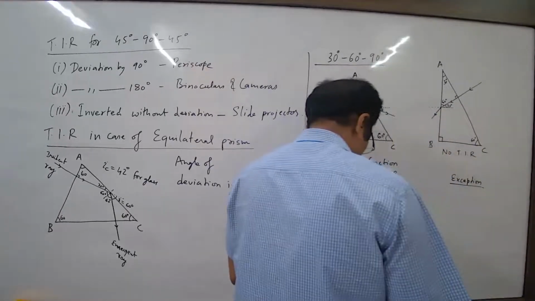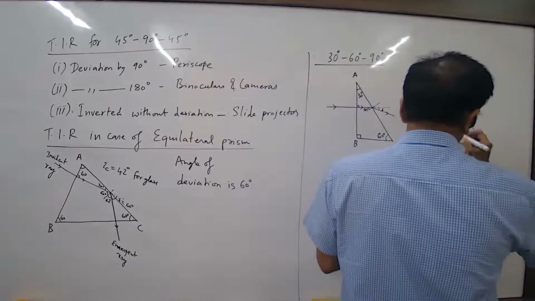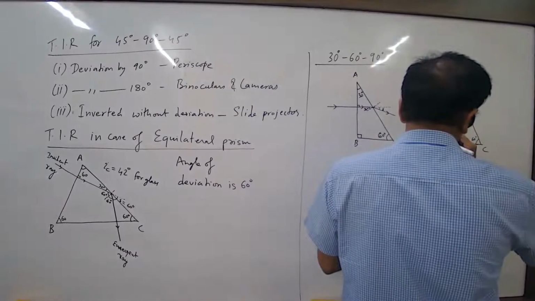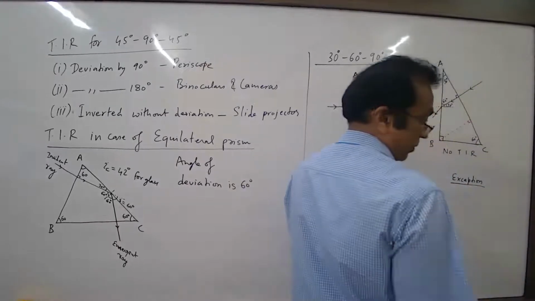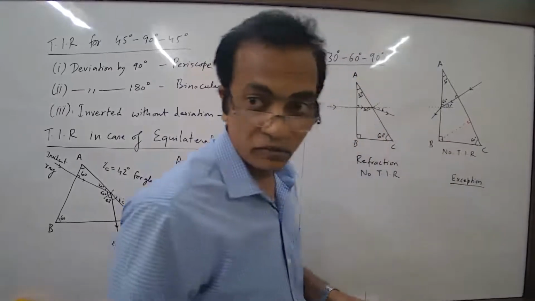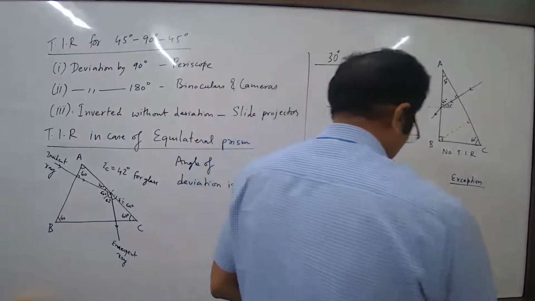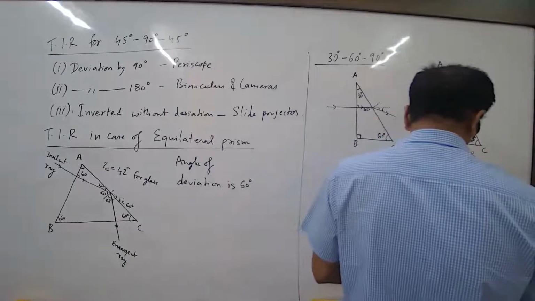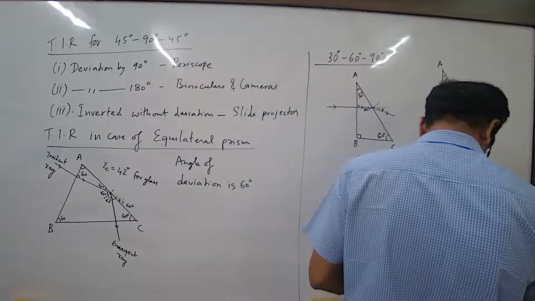So the exception is if the ray is made to fall within this. Let us say we draw a perpendicular from here. If the ray is incident anywhere in this region, then there will be a TIR. Okay, let's see. So if you have this situation.